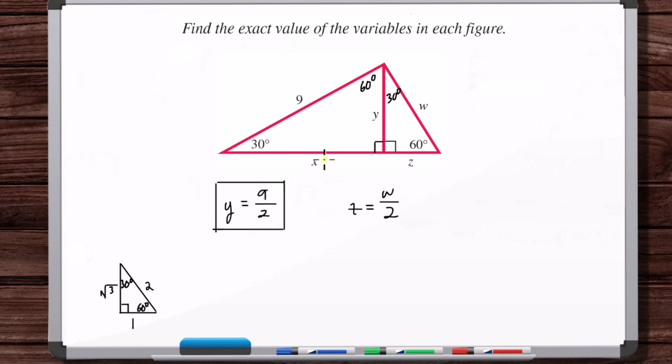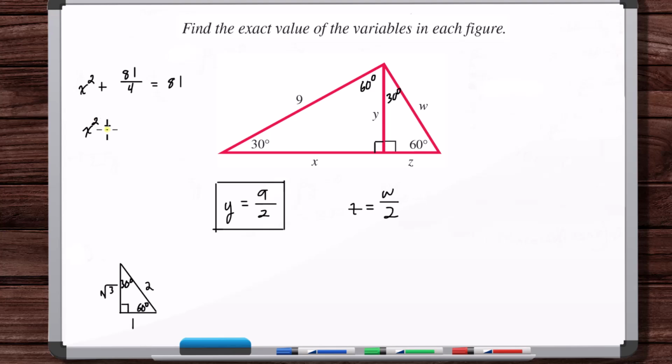And now we can use the Pythagorean theorem to get x, right? So let's do that. x squared plus y squared, so 81 over 4, is equal to 81.